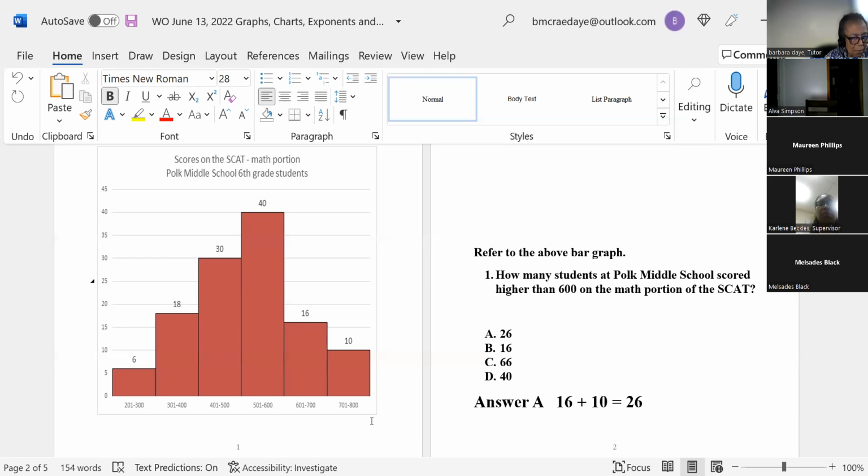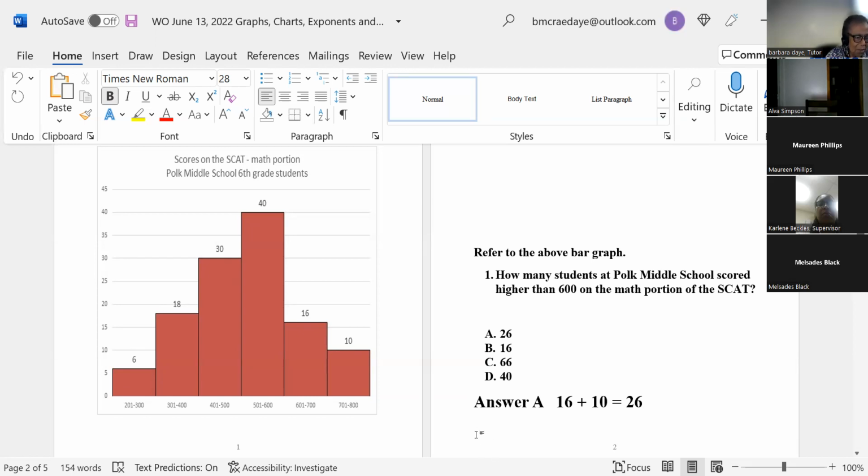You have 18 and 6, that's 24. That's right. Very good. Because 401 is this bar. So these two bars, 301 to 400 and 201 to 300, and Alva added 18 and 6, 24.